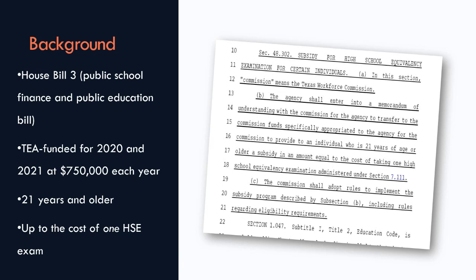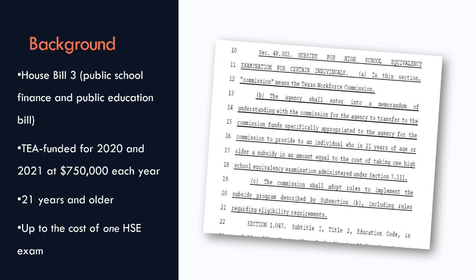And that provision here you'll see on the right side of your screen is called Subsidy for High School Equivalency Examination for Certain Individuals. It's just a few sentences here, but has a great impact for our students statewide.